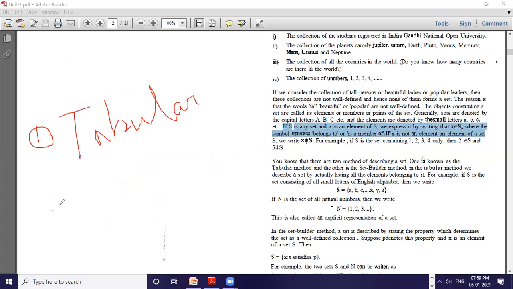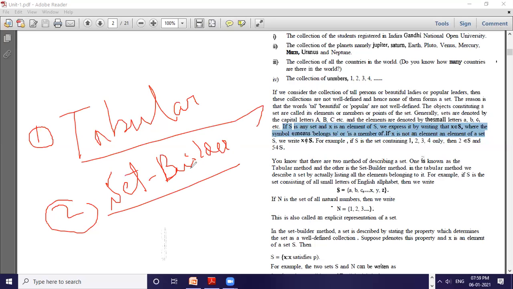And another is known as what? Set builder method. अब इन दोनों पे भी कुछ questions आते हैं. We will go through some numerical problems on the representation of this also. So let's come to the first one.